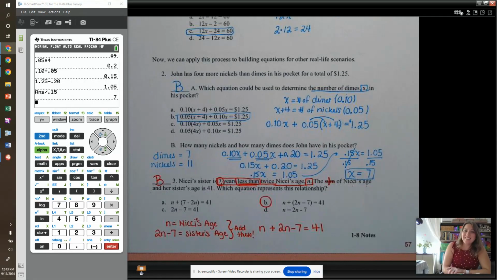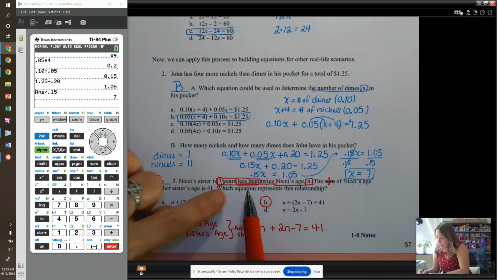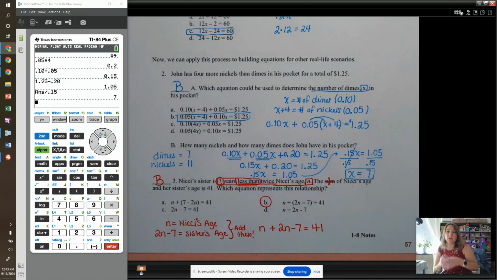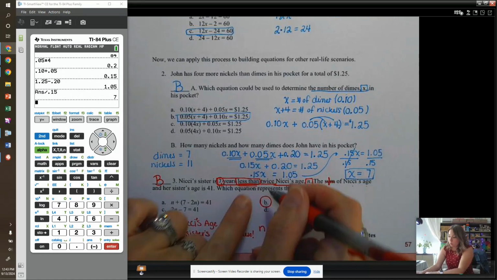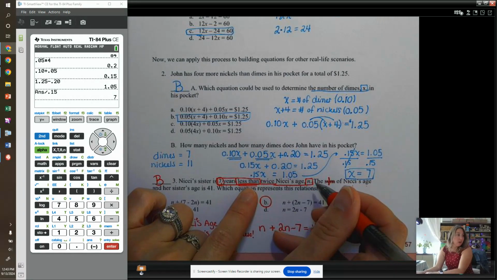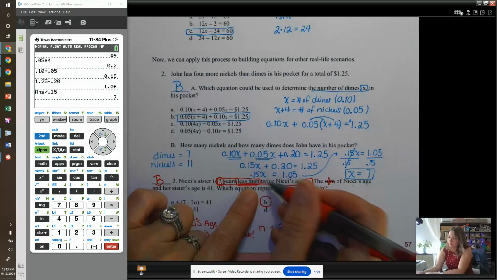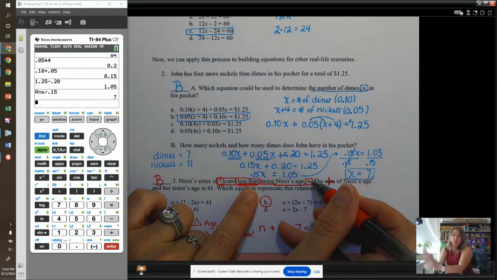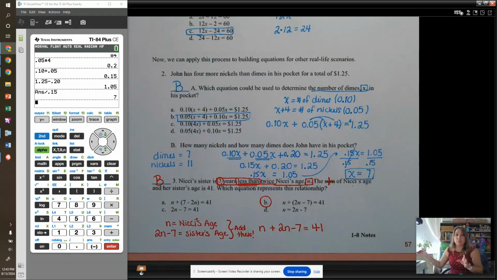Okay. The correct answer was choice B. When you see the words less than, it means we are subtracting, but it's a switch around. So the twice Nikki's age had to come first. So we're twicing N first, then subtracting from it.